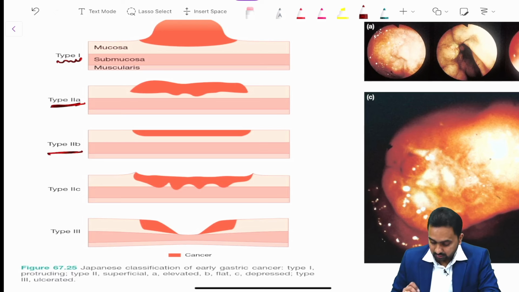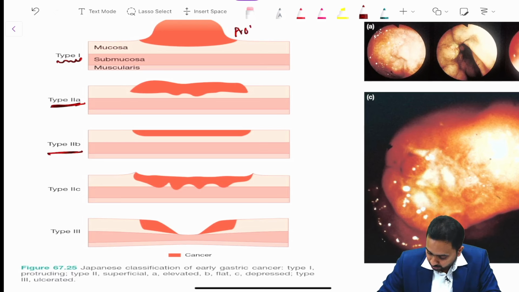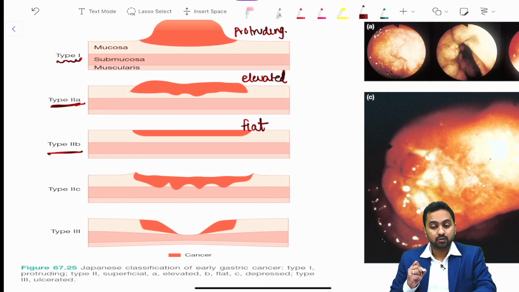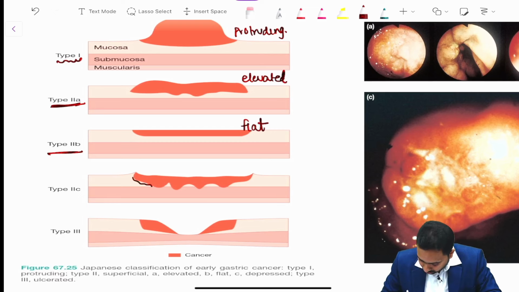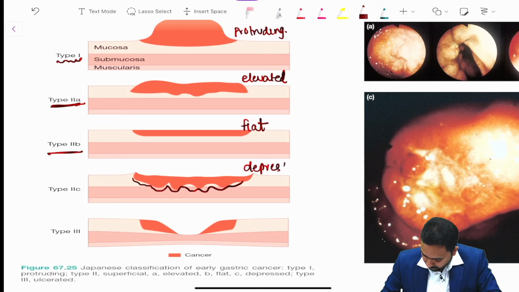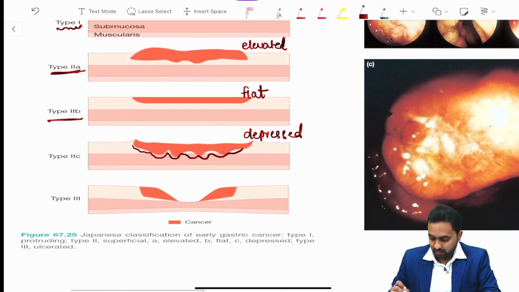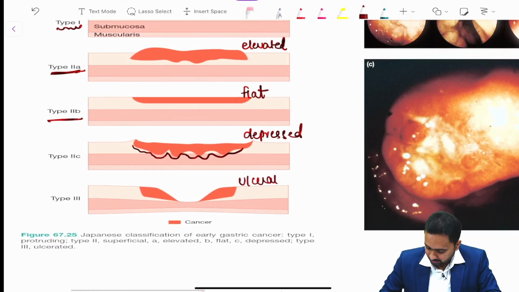So, again let me write it down. This is the protruding type. Then we have type 2 superficial, which is the elevated type. Then this is the flat type. Then we have type 2C, which is the depressed type. And then we have type 3, which is the ulcerated type.